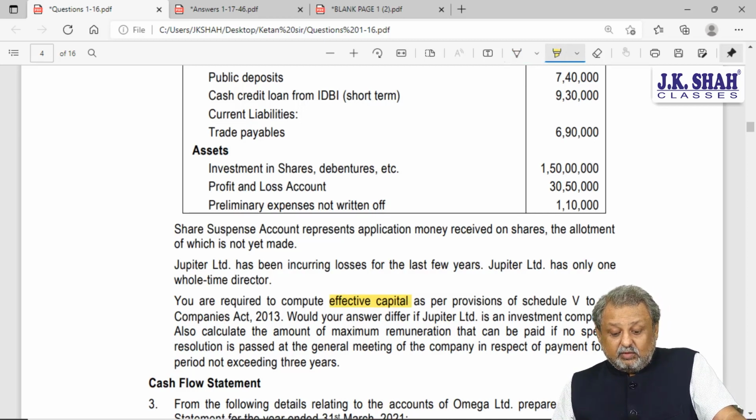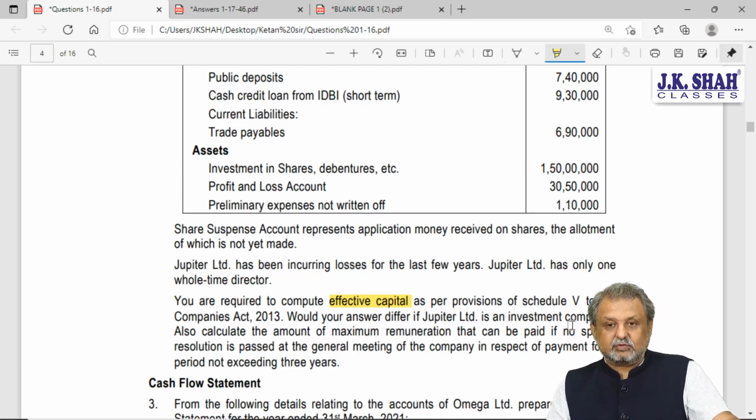Now the word effective capital comes only when the profits are not sufficient. Then this word effective capital will come. So this is a second category, second situation where company does not have sufficient profit. Okay. So they are saying you are required to compute effective capital as per provision of Schedule 5 to the Companies Act 13. Would your answer differ if Jupiter Limited is an investment company?